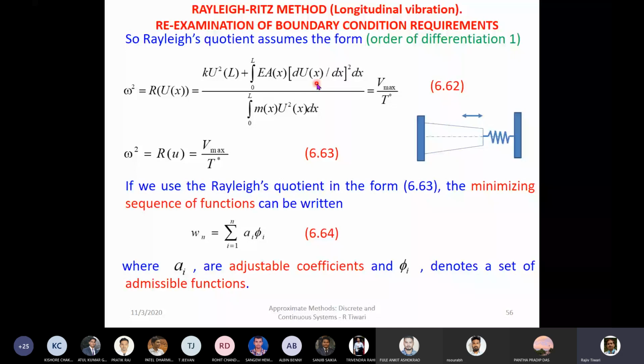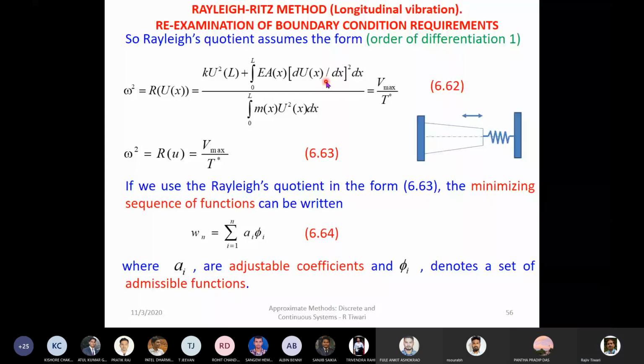In this particular case, we require the function to be differentiable only up to p. That is because here for the axial case, 2p is equal to 2. So in the comparison function, we require differentiation up to 2. But now, because of this integration by parts operation, we have reduced the order of differentiation in the integral by 1. So only p equal to 1 is required here.